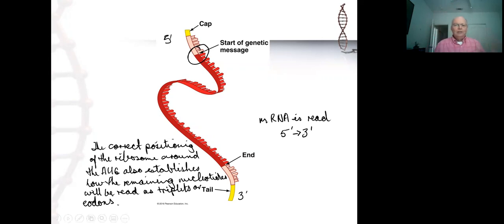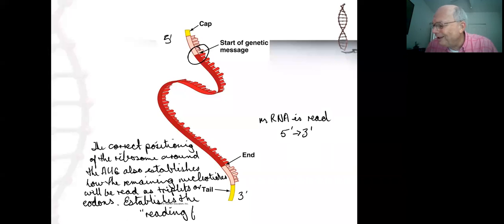So it establishes how you're going to read off the triplets or codons. So obviously getting the ribosome correctly oriented to the start codon is critical to being able to get the right polypeptide generated from the messenger RNA.